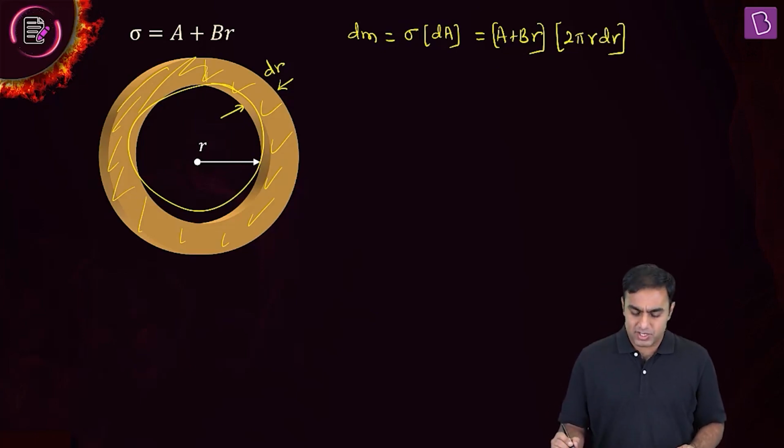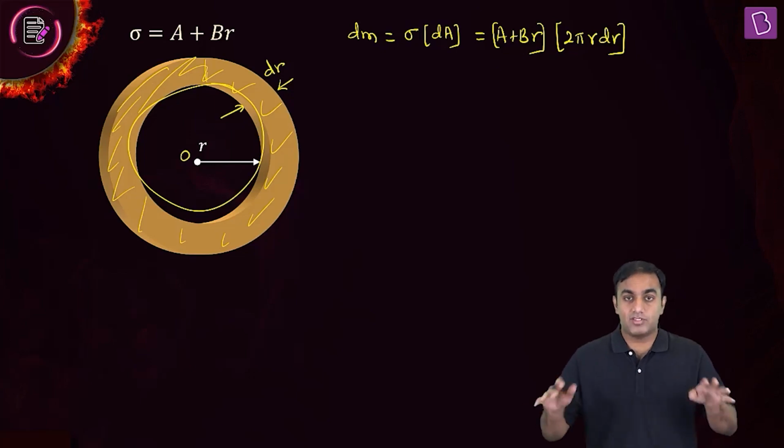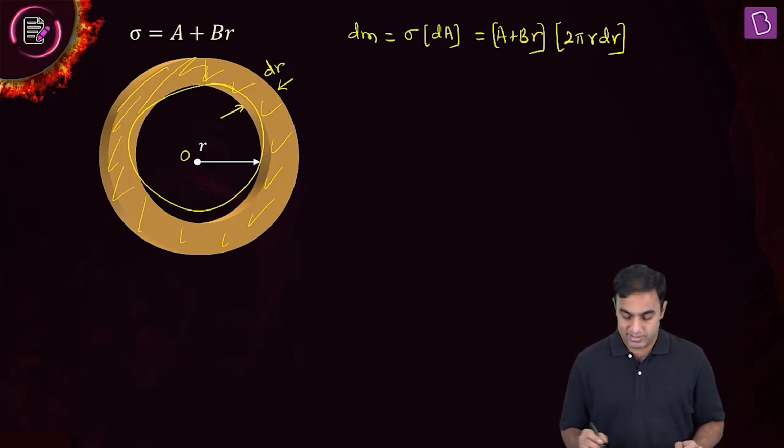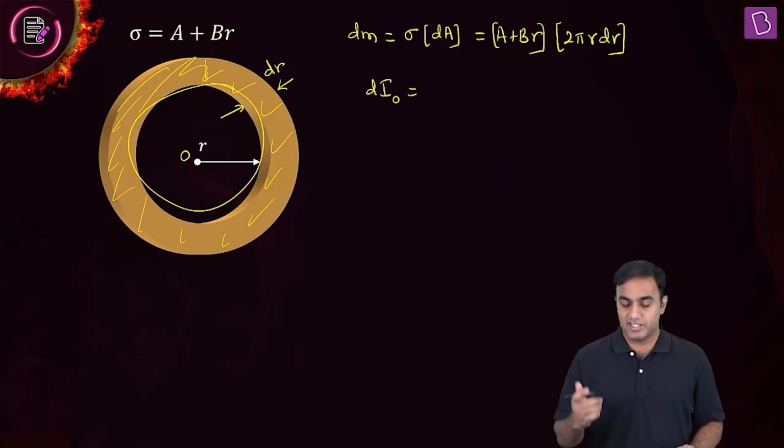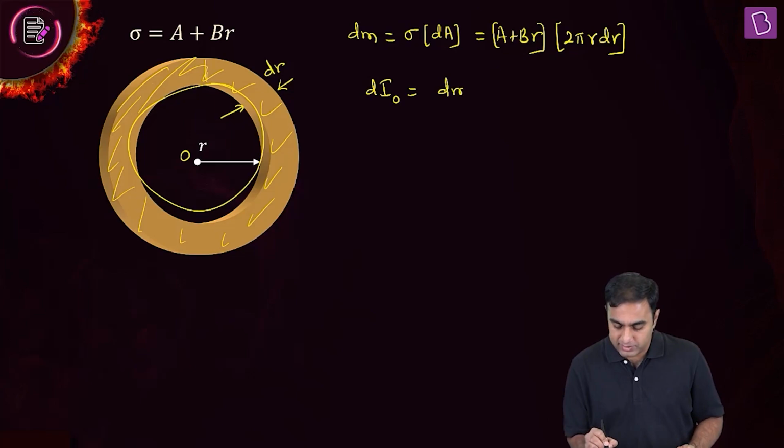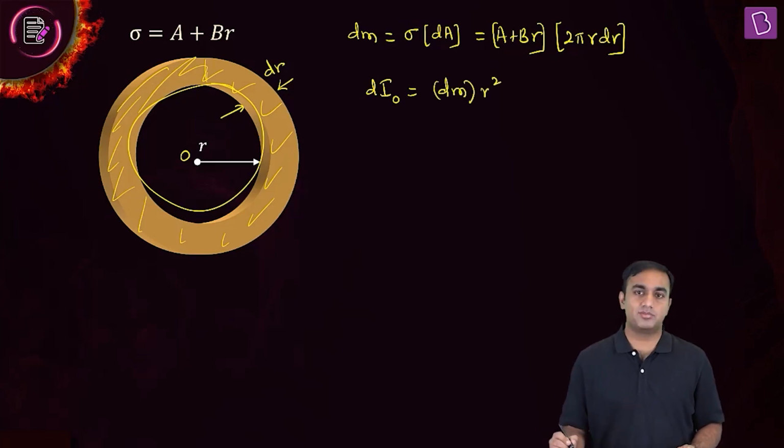What about the differential element's moment of inertia when considered about the axis passing through the center O and perpendicular to the plane of the ring? We can write it as dIO. On the right hand side, it will be mass of the differential element into the radial distance square.